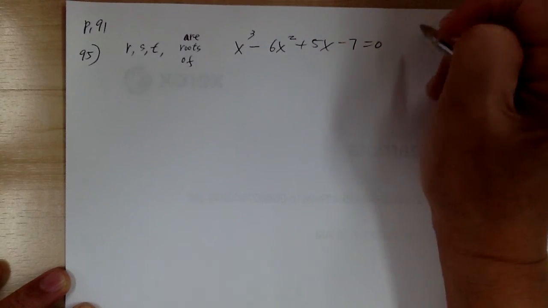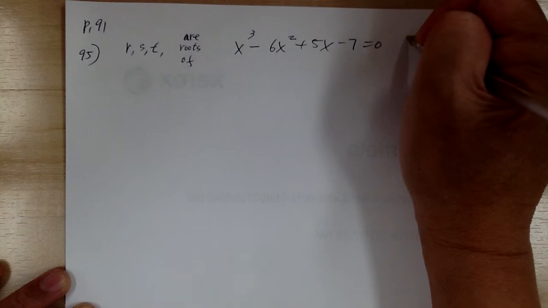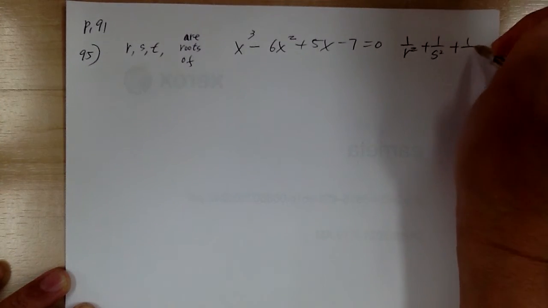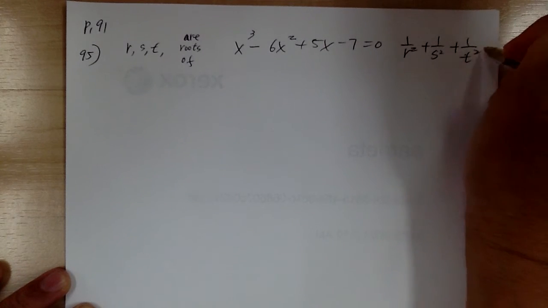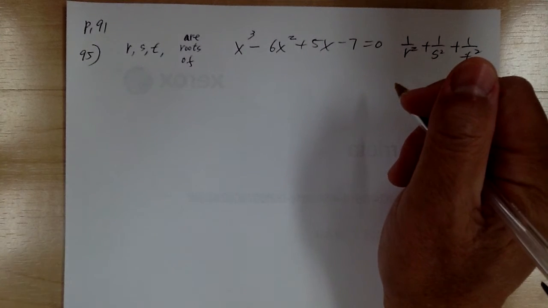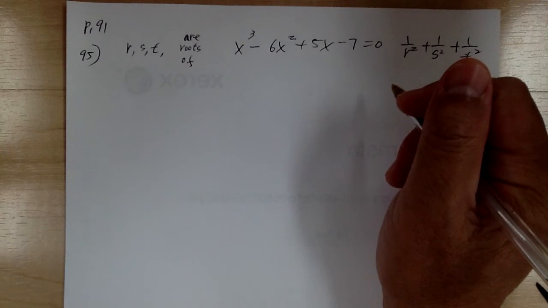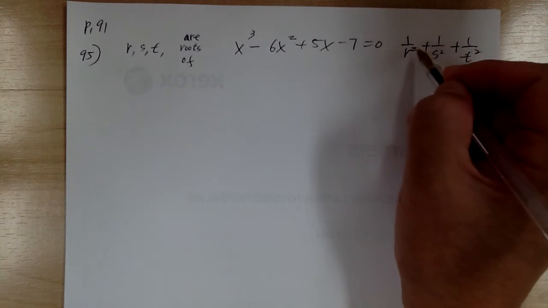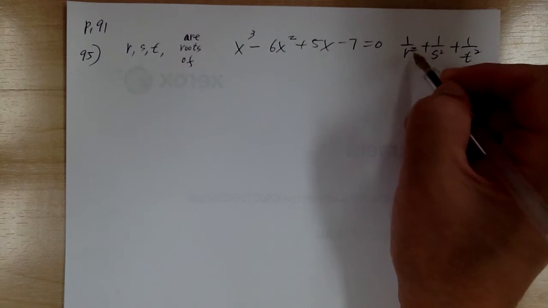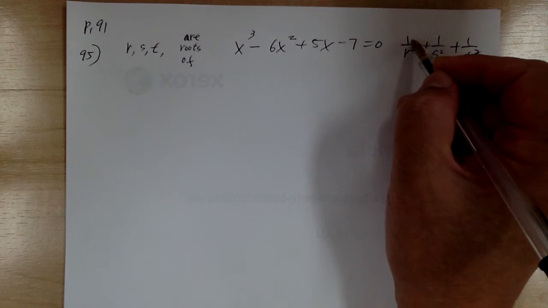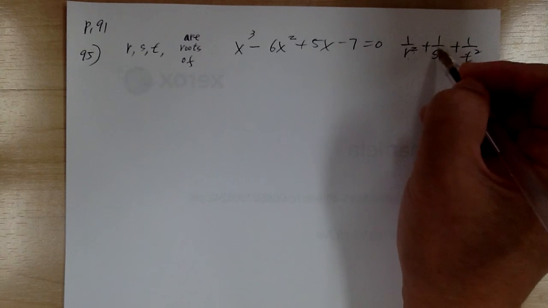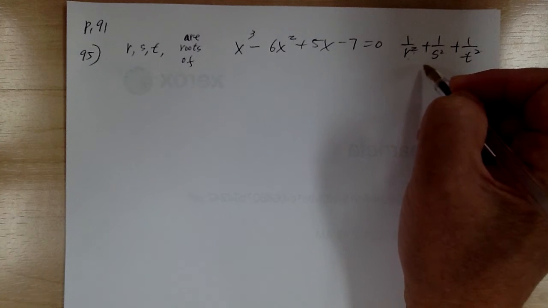So you're looking for 1 over r squared plus 1 over s squared plus 1 over t squared. Notice that this is a reciprocal, and so these are the squares of the roots of the reciprocal. So that means you're looking for the S2 from Newton's sum for the reciprocal.